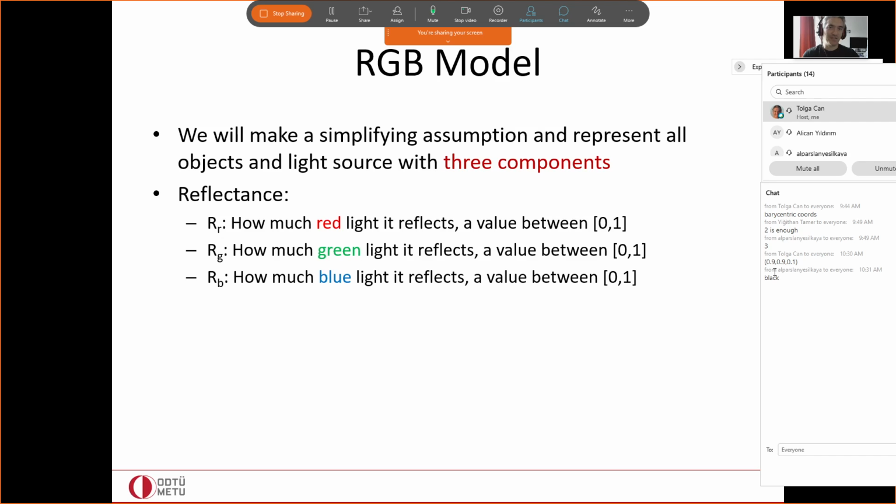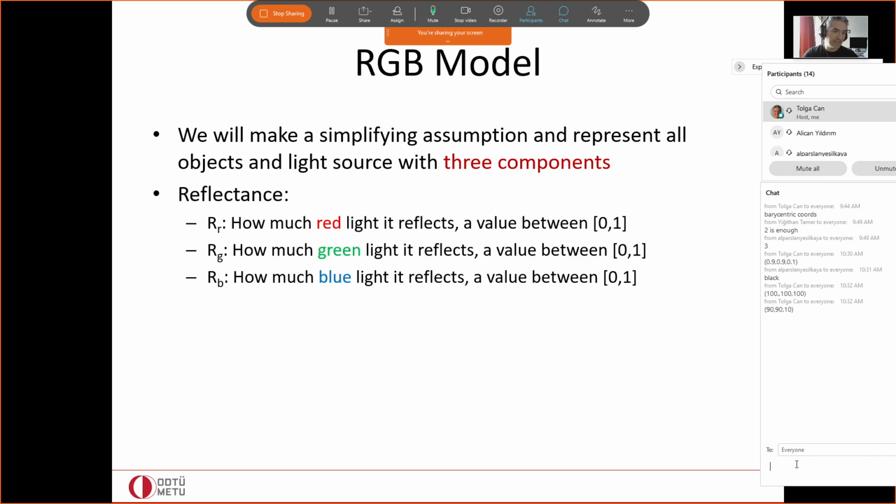The result is another three-dimensional vector in which we just multiply the individual components and form a new vector. For example, if the light intensity is 100, 100, 100, when I multiply it with my reflectance coefficient, the color that I'm going to see is going to be 90, 90, 10, all right?